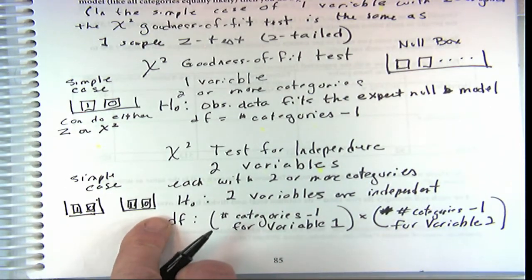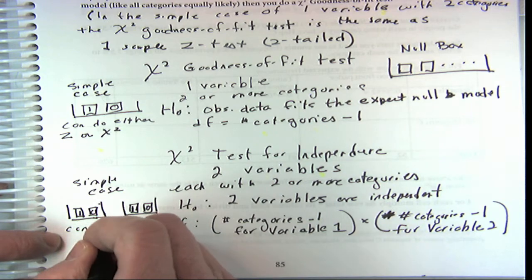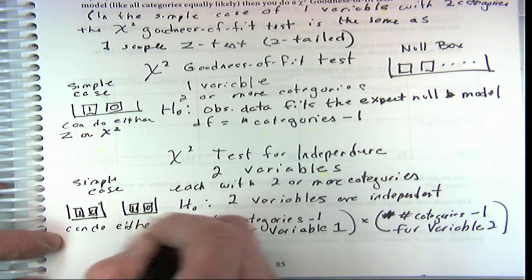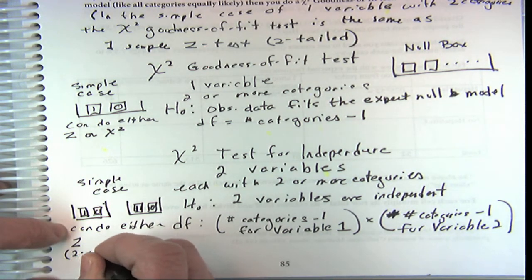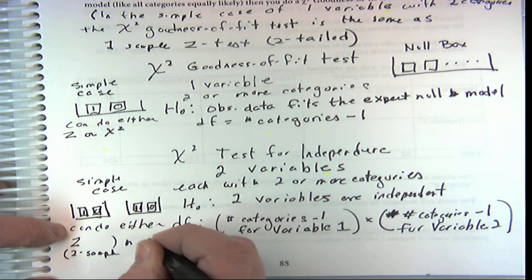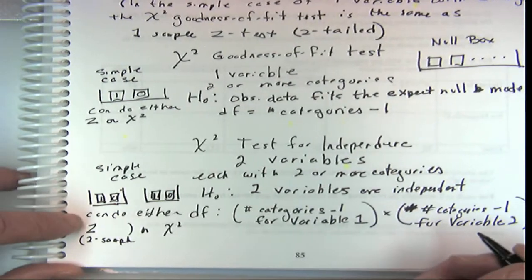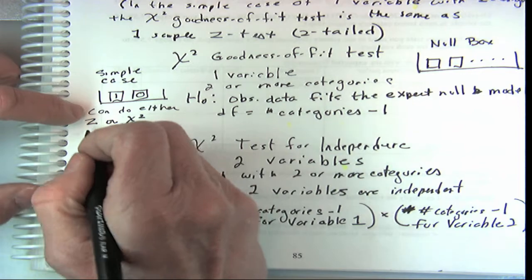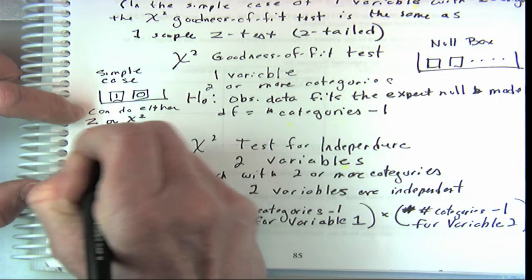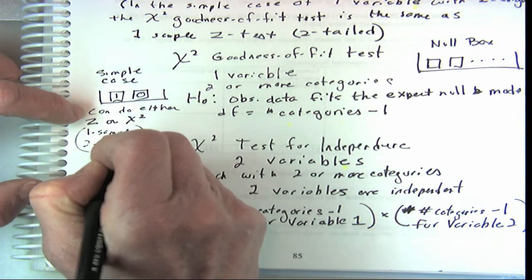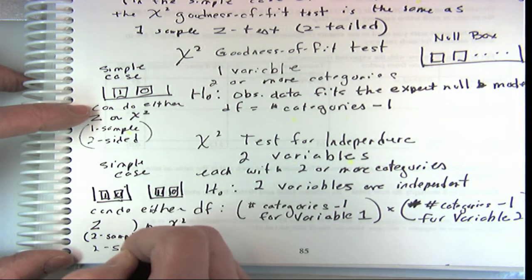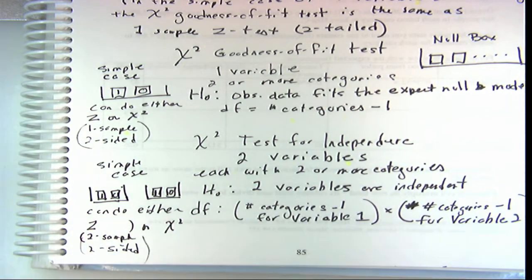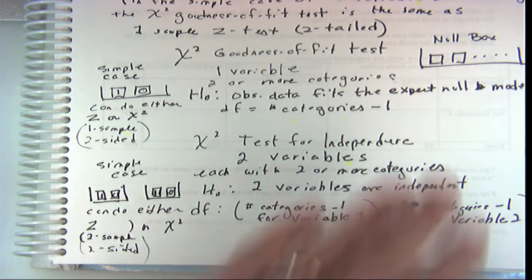And so now you can do either a two-sample z or a chi-squared. And for all of these, so this would be a one sample. And it has to be two-sided, because chi-square is always positive. Two sample, and this is two-sided. Okay, so that's the big picture here, and that's the idea. Let's do an example, and you'll see how this works. Any questions so far? Okay.